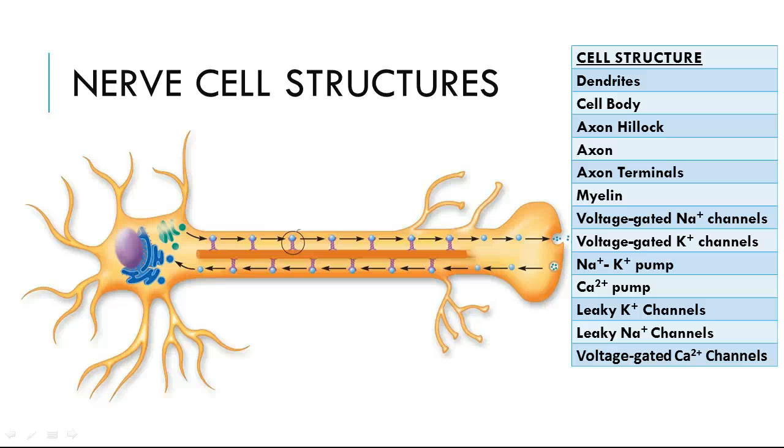See, all that confusing time in lab paid off, didn't it? I hope so. So an open voltage gate of potassium would let potassium out, and the cell is either going to repolarize or hyperpolarize, depending on if it's at rest or not. I'm going to hop down to the voltage gated, where would we find our potassium channels? Throughout the cell as well.